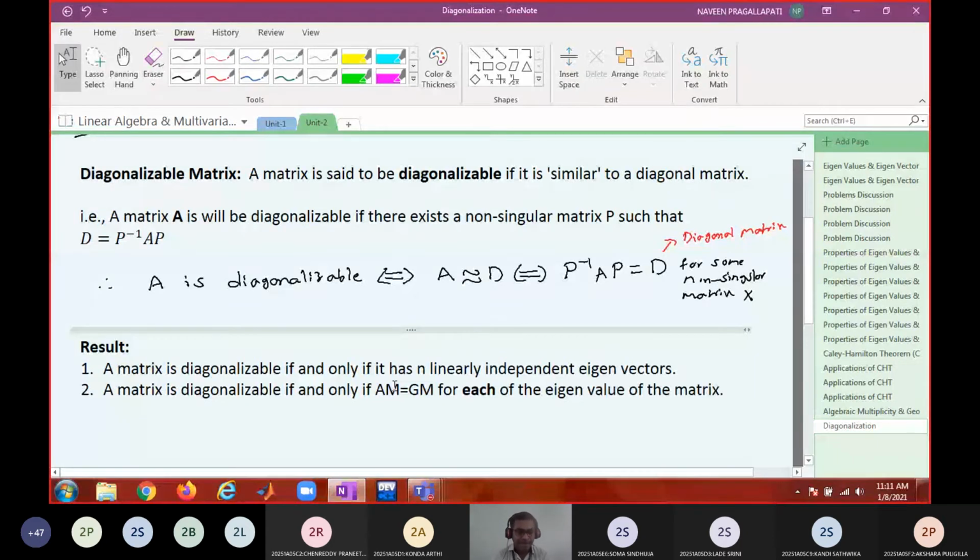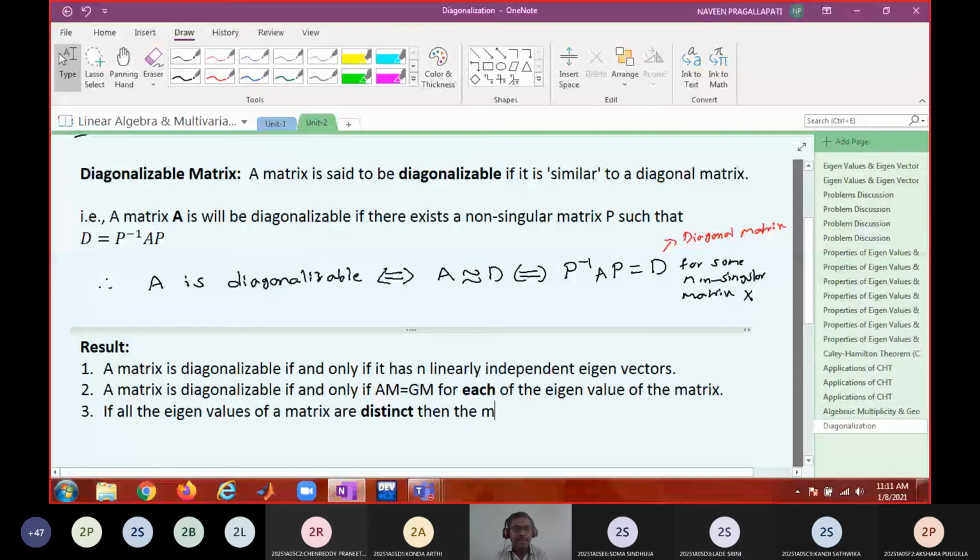Third one. Now you can say this. If all the eigenvalues of a matrix are distinct, then what can we say about diagonalization?